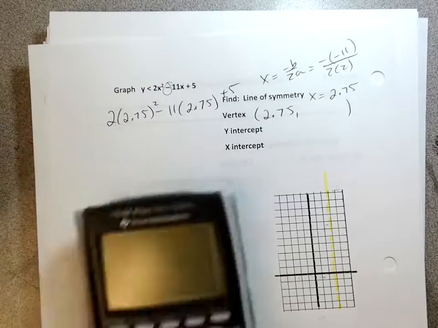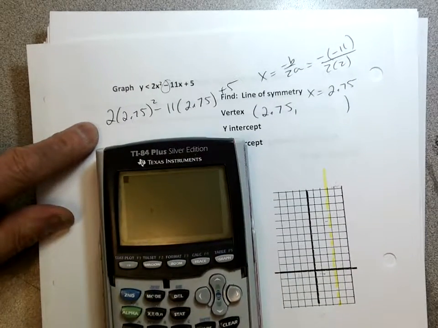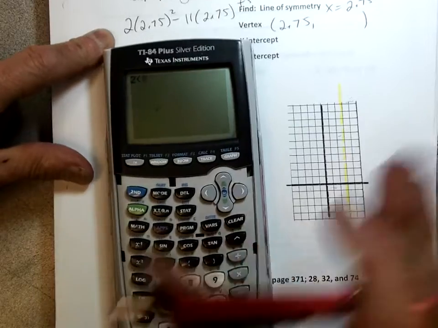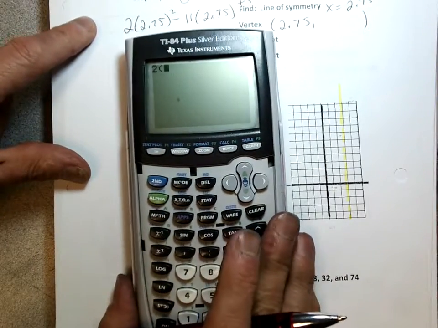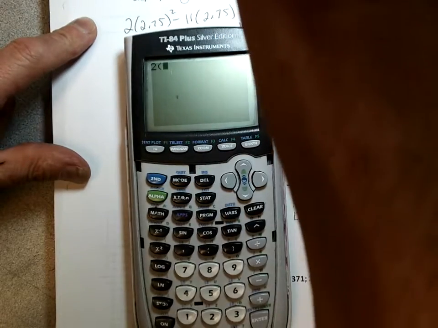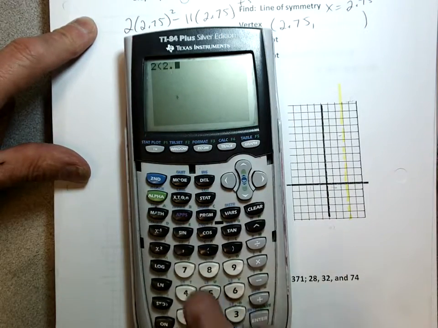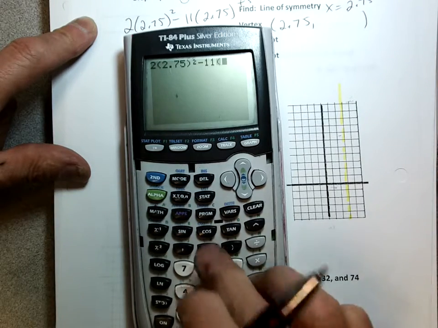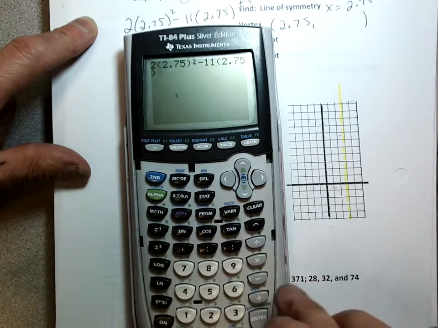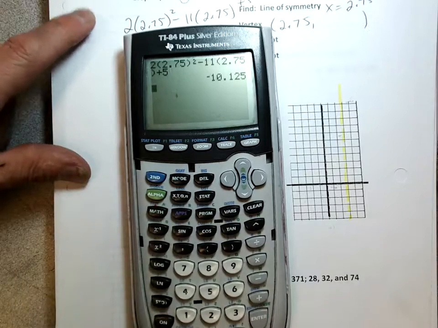I'll let my calculator do the work. I go 2 parentheses, see if you can see that. There you go. Oh, this overhead. 2 times 2.75 squared minus 11 times 2.75 plus 5, and I get an answer of about negative 10.125.